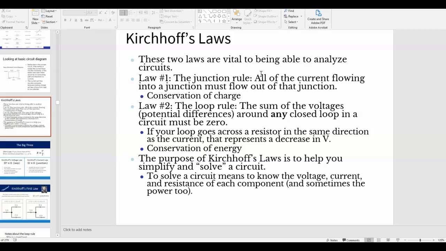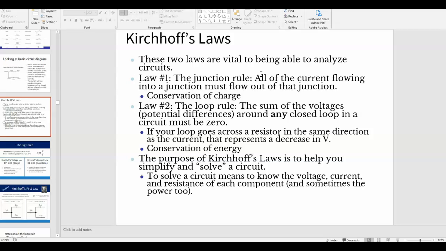There are two of Kirchhoff's circuit laws, and these laws are vital to being able to analyze circuits. Law number one is called the junction rule. The junction rule is very intuitive and it makes complete sense. Basically it says that all the current flowing into a junction must flow out of that junction. So what does that mean, junction?